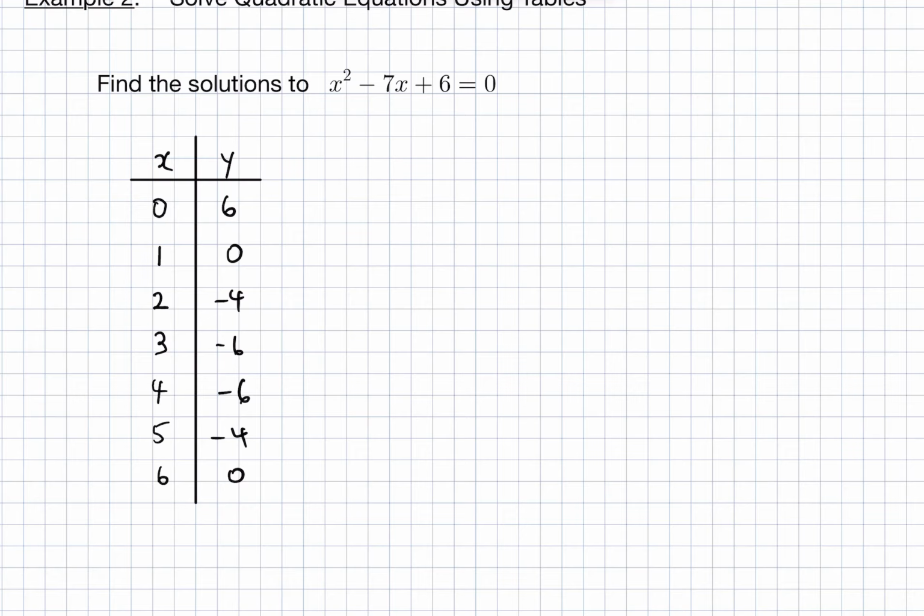So we have two solutions here. We have a 0 here, which gives us an x of 1, and a 0 here, which gives us an x of 6. And so our solution here would be x is equal to 1 or x is equal to 6. Okay? So this is probably the simplest way to find the solution to a function equal to 0 when a chart is given to you.